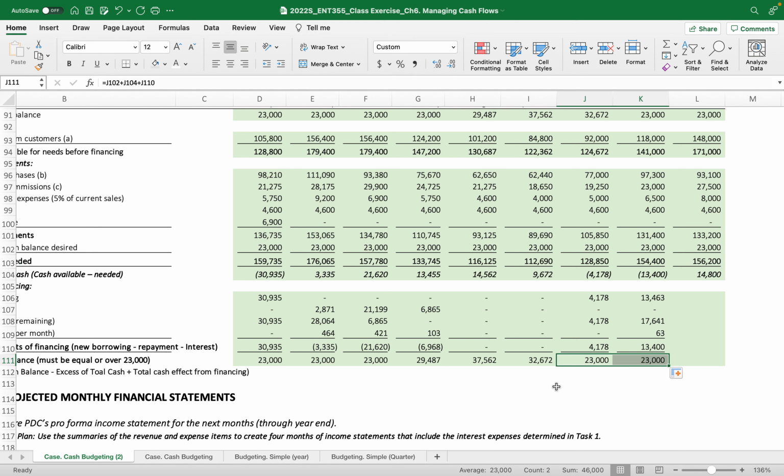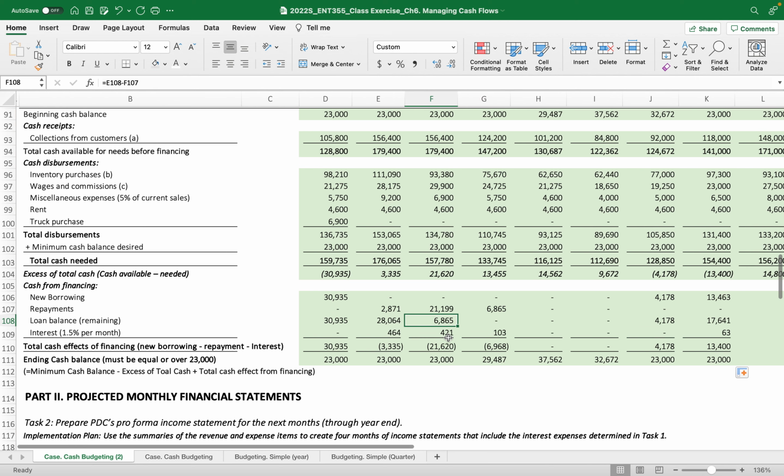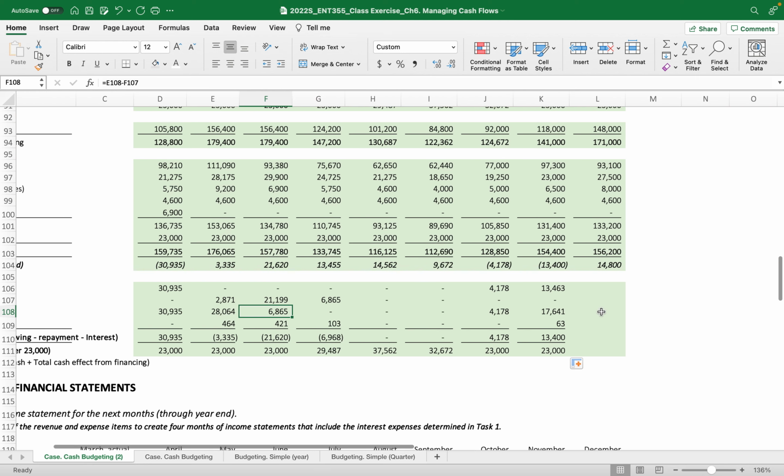If we have 23,000, the minimum balance, that means the company borrowed more money, the additional loan. If we have more than 23,000, now we start generating cash, and then we pay out the loan balance. Okay, now finally we start making cash in.